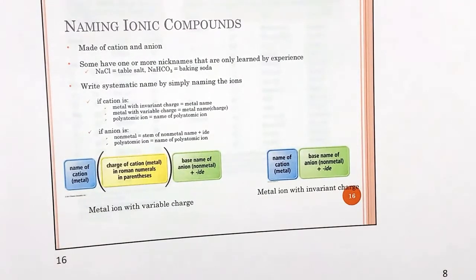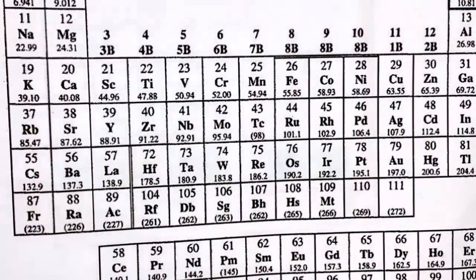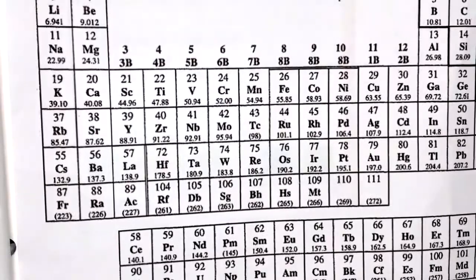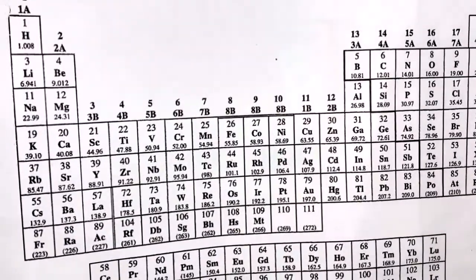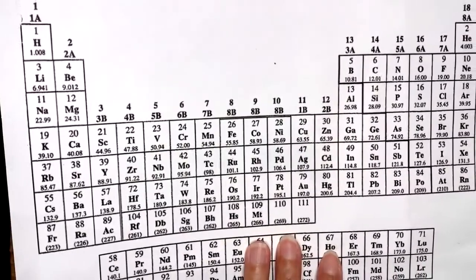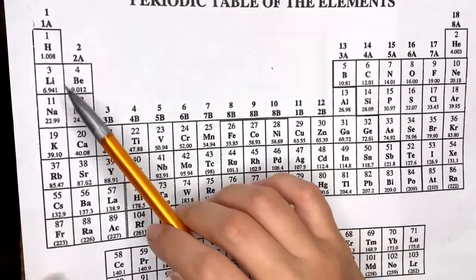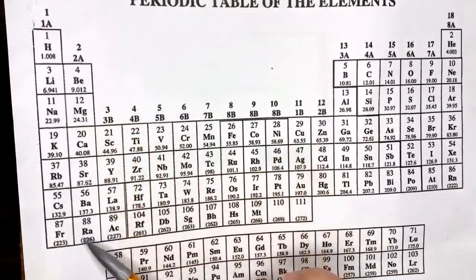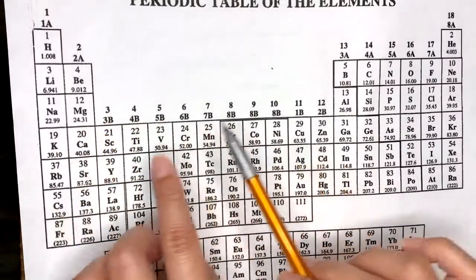So the tricky part about naming is because we have different kinds of metal ions. So ionic compounds, we have metals in the main table. So let me zoom out a little bit to show you the table. All right, so on our periodic table here, we have the main table and then we have the transition metal area. So these here are the main guys, right? And then these in the middle here are the transition metals.